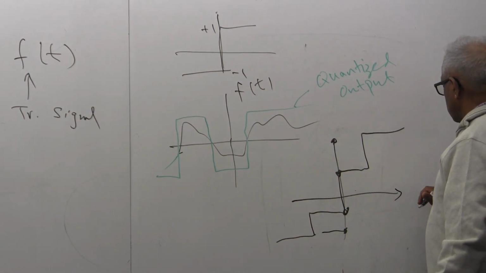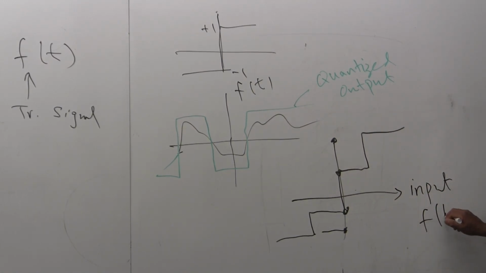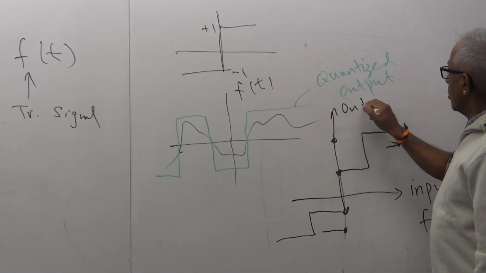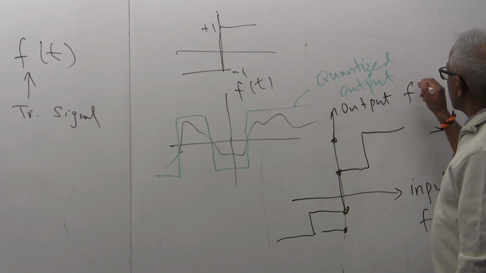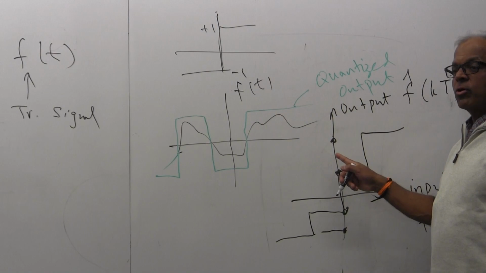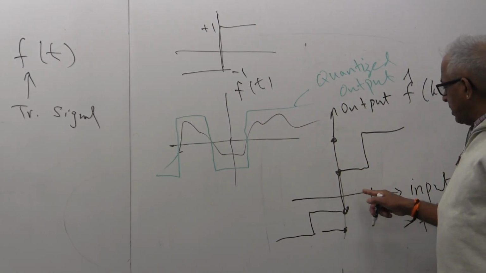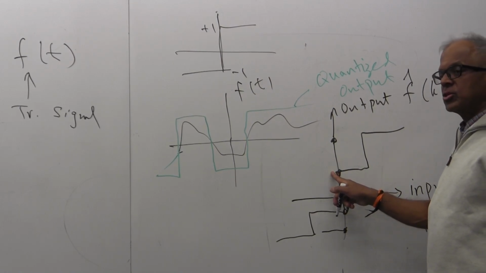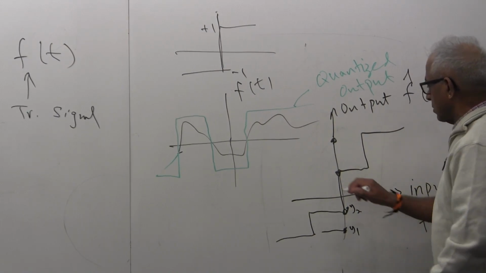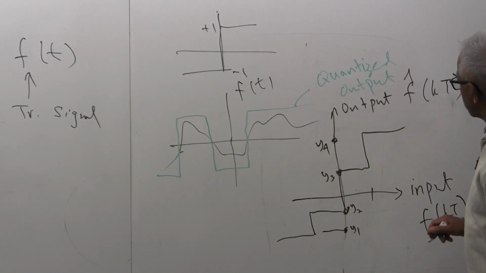This is the input, f(kT), the sampled value, and this is the output, the quantized value. I'm going to put it as f hat of kT. Look at it, output only has 4 values. So if the input is between here and here, you will assign it to this value. Let me call this y1, y2, y3, y4. So what is the algorithm?